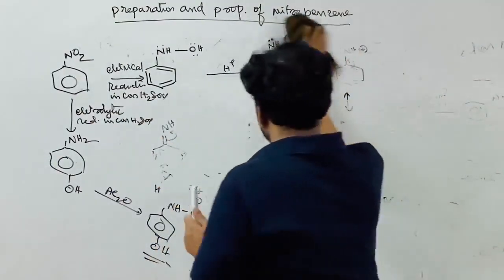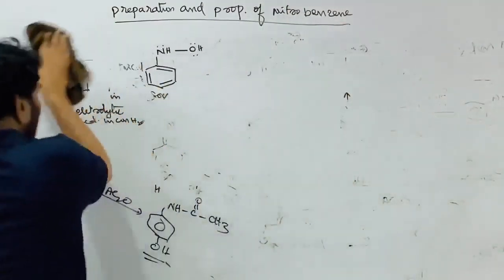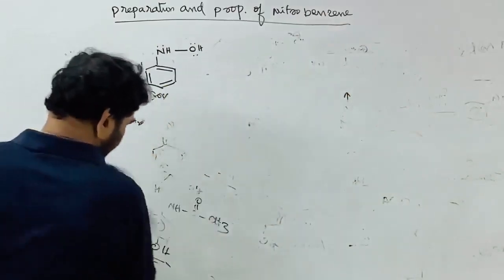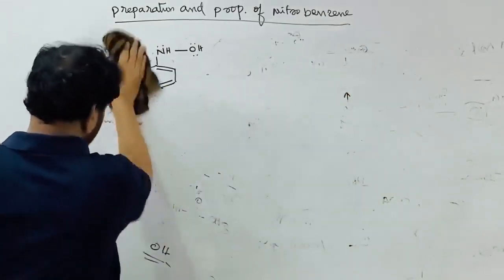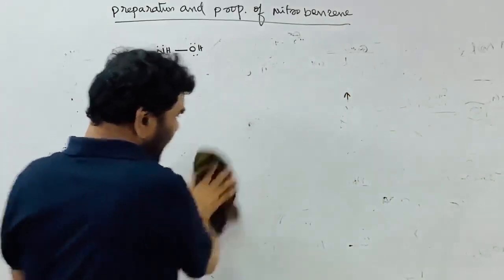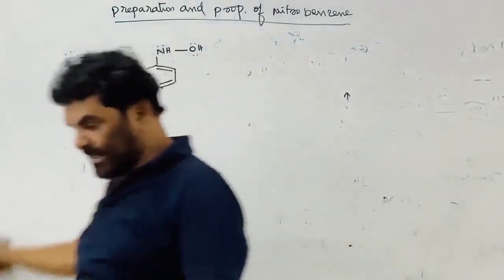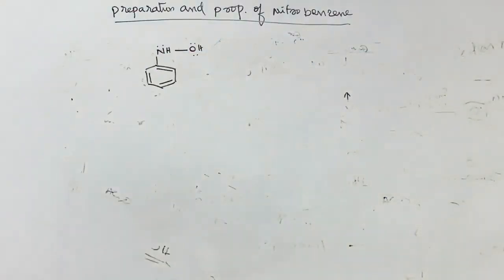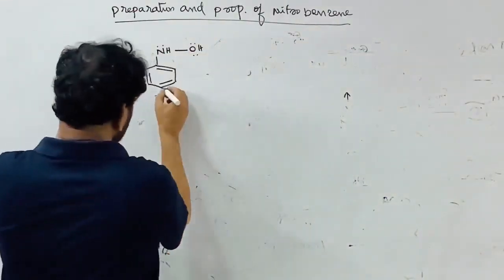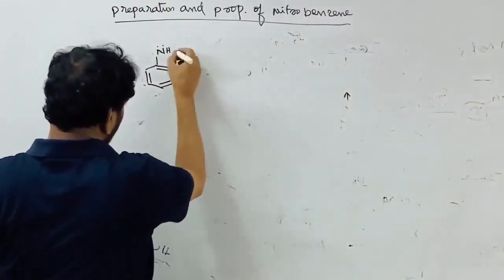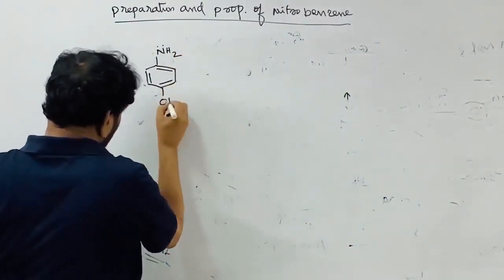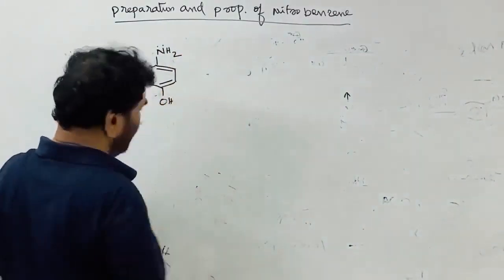Here if you take this one, see normally the Tollens reagent, ammoniacal silver nitrate plus ammonia mixture. In Tollens reagent, the silver oxide is the active component. This is para-aminophenol. This is the para-aminophenol.